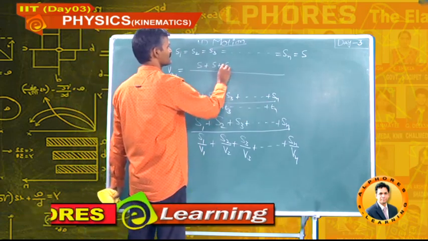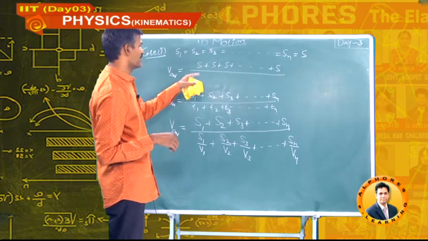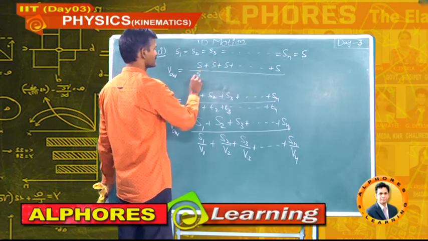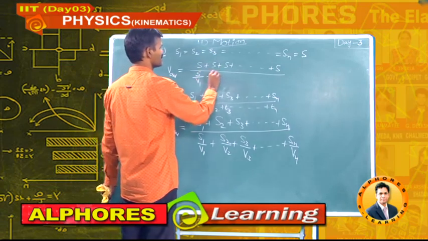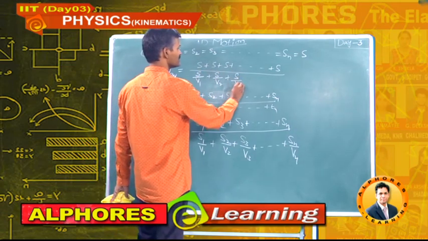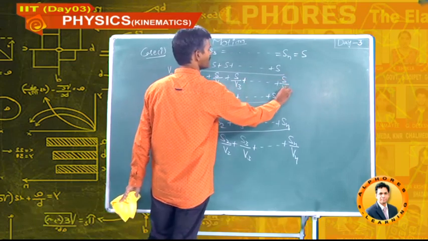S plus S plus and so on plus S, divided by the total time taken. This is S by V1 plus S by V2 plus S by V3 plus and so on plus S by Vn.